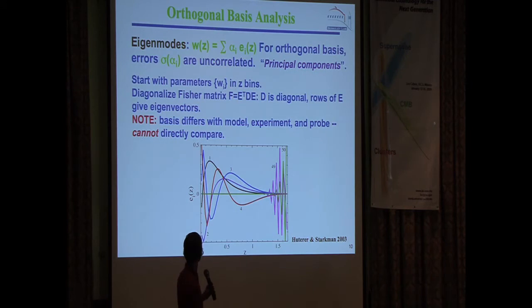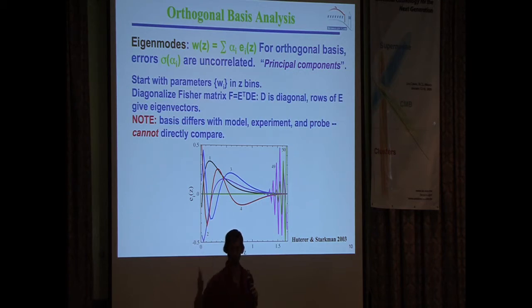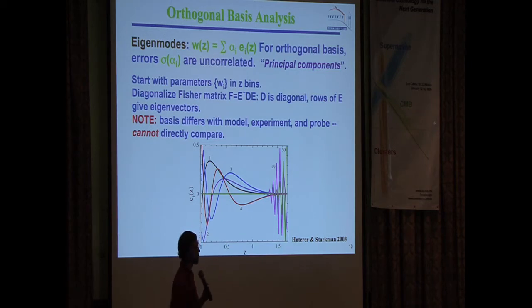And suppose we want to measure w(z), rather than putting a functional form like w0 plus wa times 1 minus a, suppose you want to allow it to be completely arbitrary, then you can expand in these orthogonal basis. So here e_i(z) are these orthogonal polynomials, and alpha_i are the coefficients of each of them. And for the orthogonal basis, these uncertainties on those coefficients will be uncorrelated.